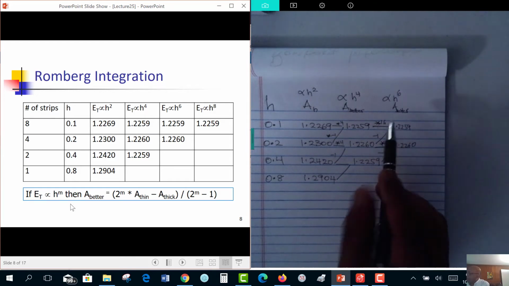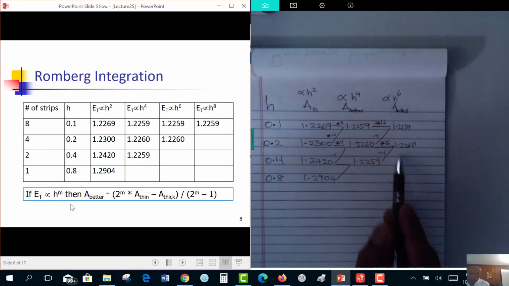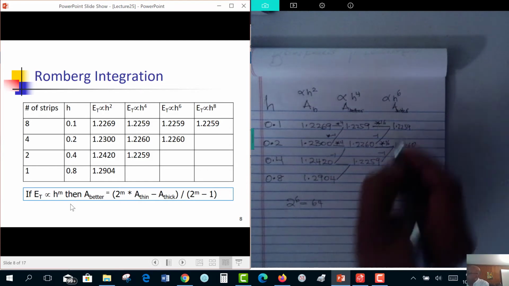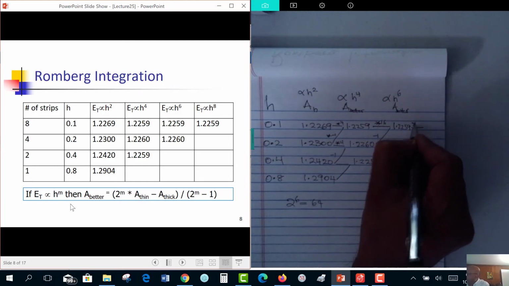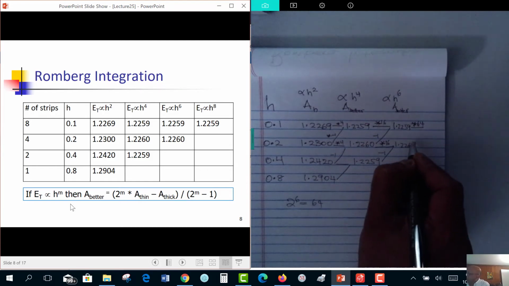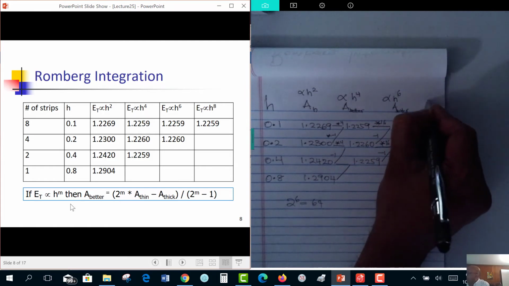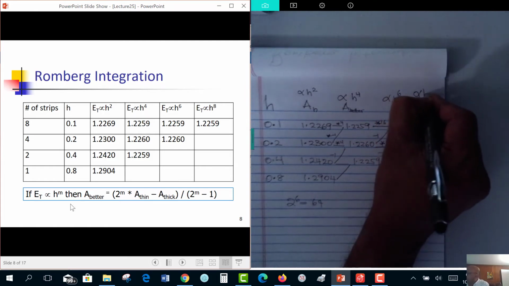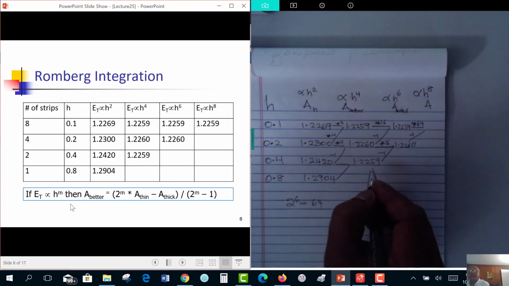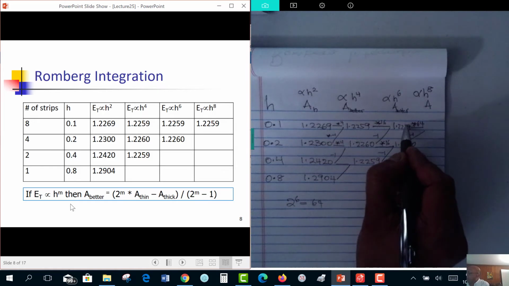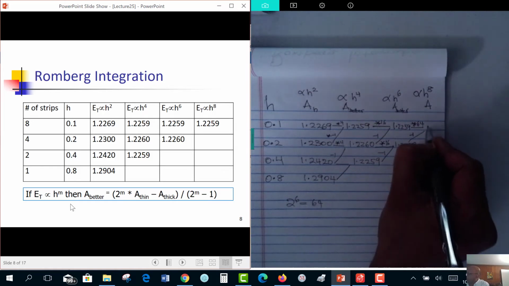So now we have two values in this column, h to the power 6. 2 to the power 6 is 64. So we can give this 64 units of weight, this -1 unit of weight, and we can get our final answer, which will have error proportional to h to the power 8. So we do this 64, -1, and we'll get 1.2259.